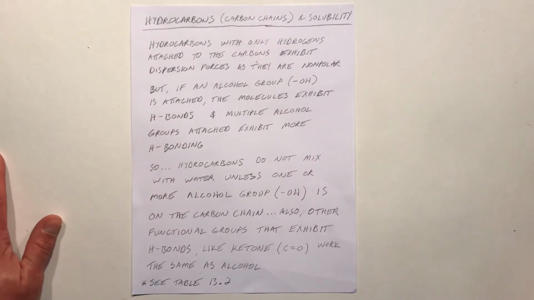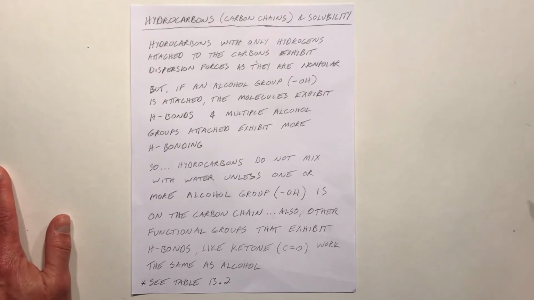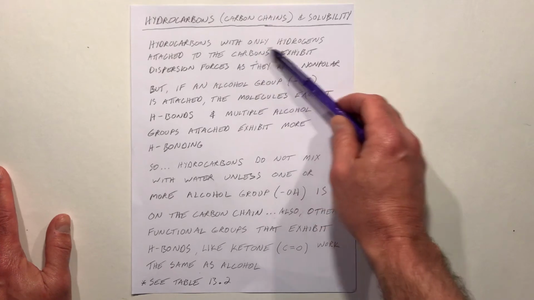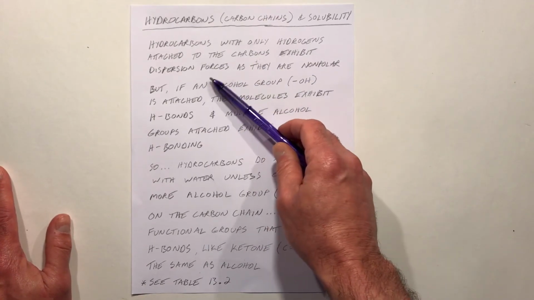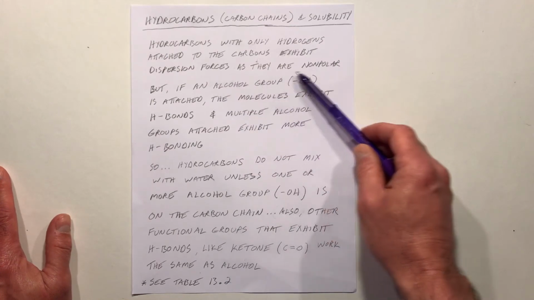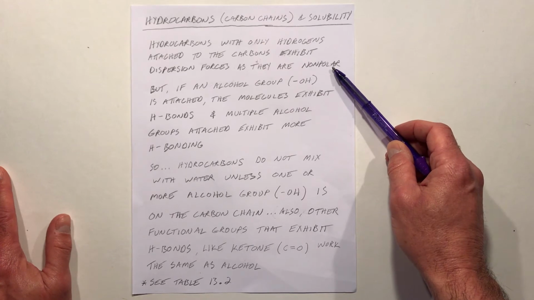I do want to take a look at hydrocarbons. These are carbon chains and their solubility. Hydrocarbons with only hydrogens attached to the carbons in the carbon chain exhibit dispersion forces, as they're just very much largely symmetrical and therefore nonpolar.